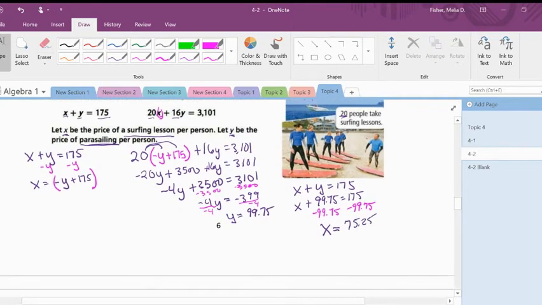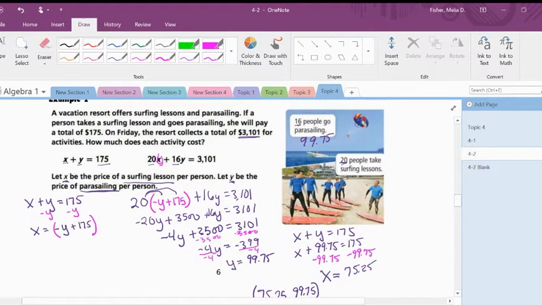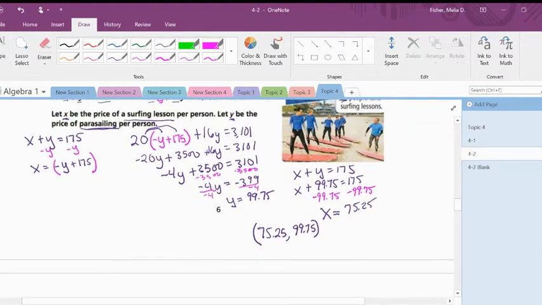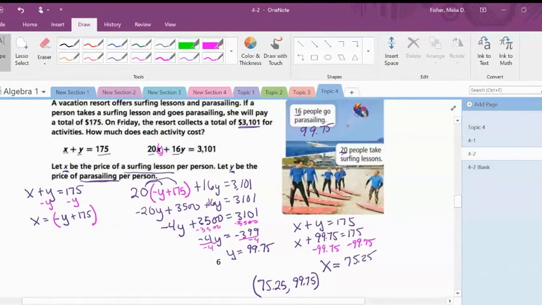So our ordered pair would be 75.25 and 99.75. However, in the context of this problem, we want to ask ourselves if that ordered pair is really giving us exactly the answer that we want. We want to know how much each activity costs. A word problem gets a word answer.